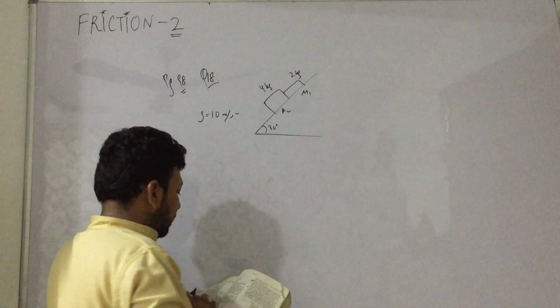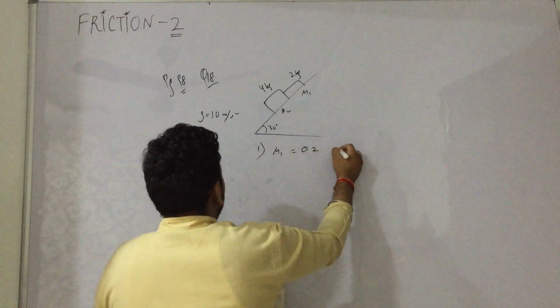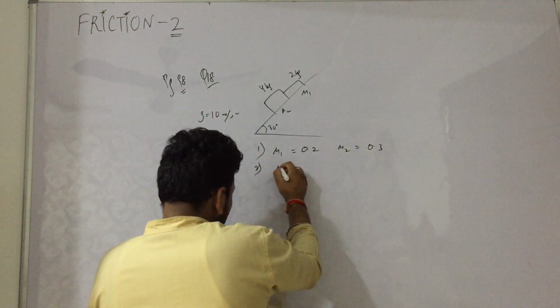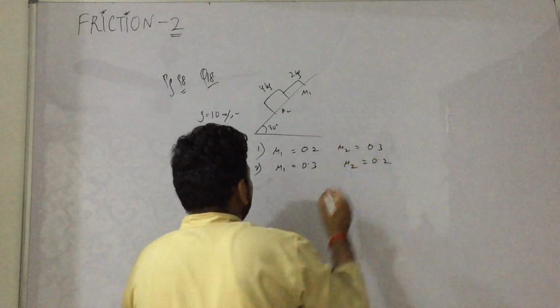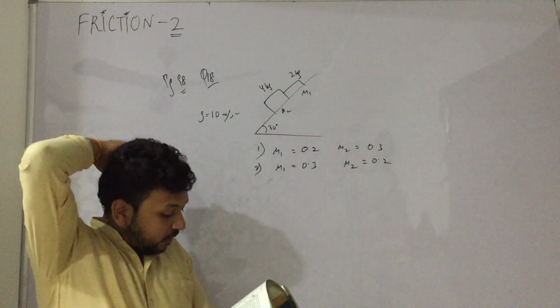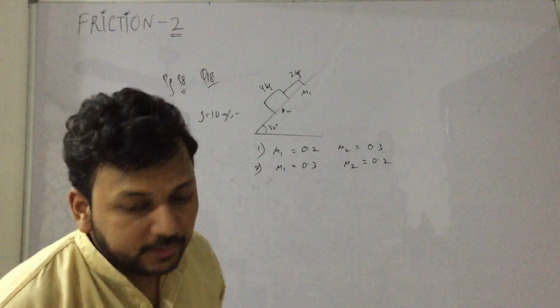Yeah, and so in first case mu1 is 0.2, mu2 is 0.3. In the second case mu1 is 0.3, mu2 is 0.2. So this is the question, and we have to find the acceleration. So let us study this.